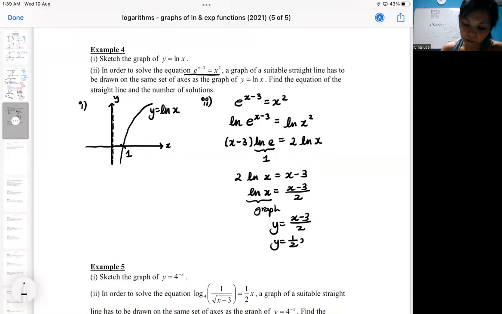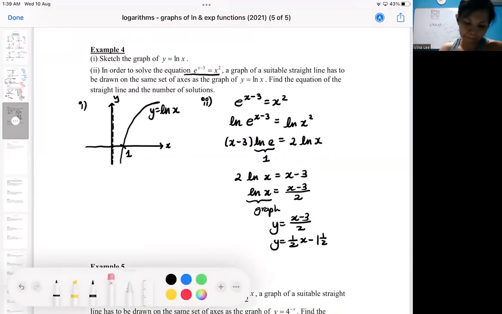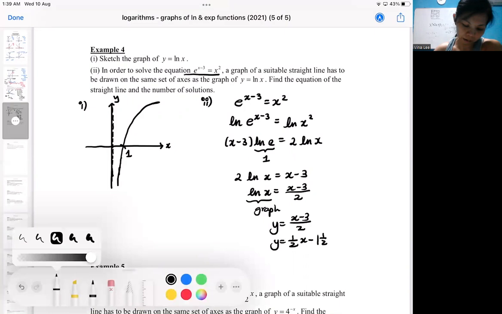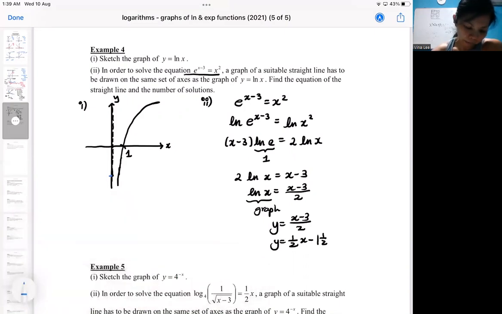And if you look carefully, it is a positive gradient. So if that is a positive gradient, you actually need to make sure you calculate properly. So in this case, if you do the intercept, it will be a negative. It will be something like this.